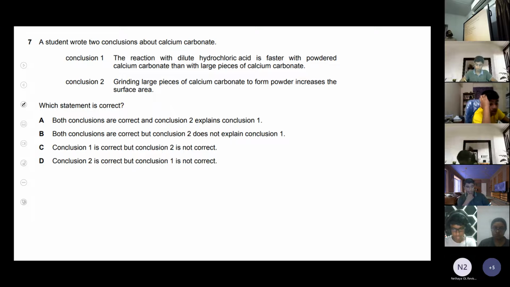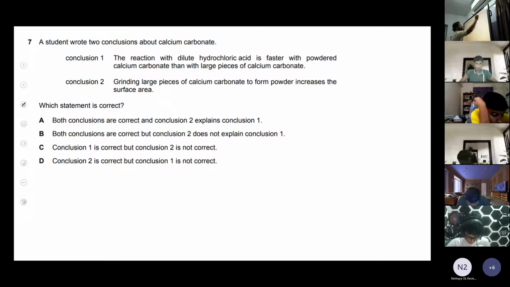A student wrote 2 conclusions about calcium carbonate. Annoying questions. Right. Conclusion 1: the reaction with dilute hydrochloric acid is faster with powdered calcium carbonate than with large pieces. That's good. True statement. Conclusion 2: grinding large pieces of calcium carbonate to form powder increases the surface area. True. Oh, not that annoying, no?